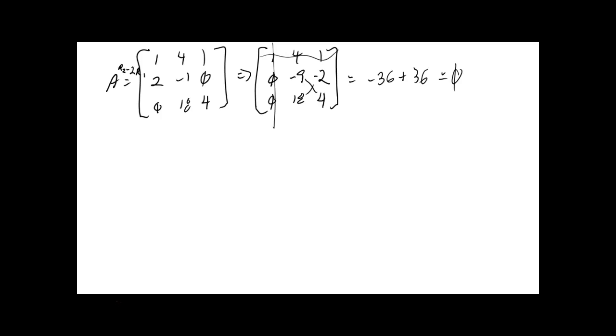Now they show that for a 3 by 3 matrix, cofactor expansion has 5 additions and 9 multiplications, if we had just brute forced it. That's a total of 14 operations.